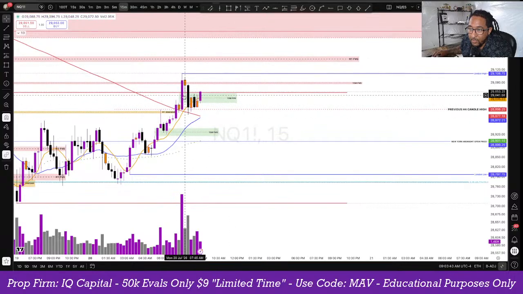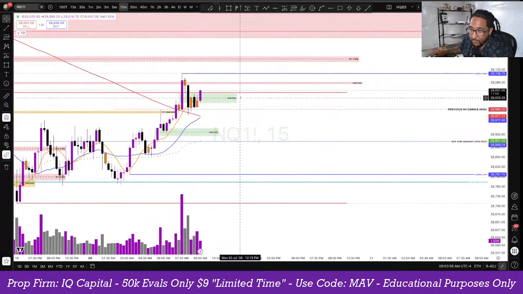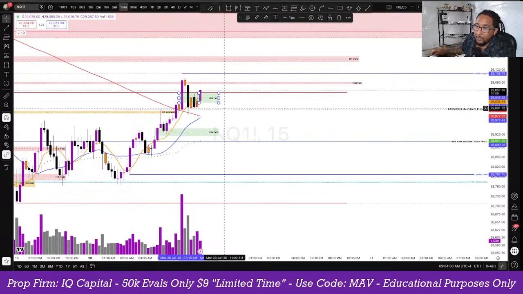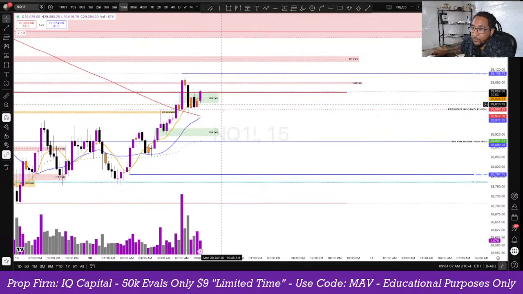This gap created this bullish 15-minute fair value gap, came down, closed below, which inversed it. Now we're starting to reclaim that bullish fair value gap, with about 11 minutes left in this 15-minute candle. So it looks like it's trying to reclaim this 15-minute FVG, which would indicate further continuation to the upside.